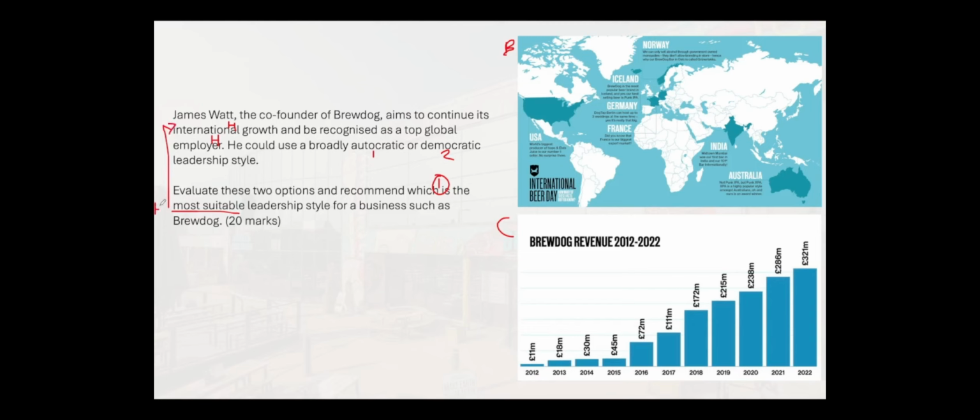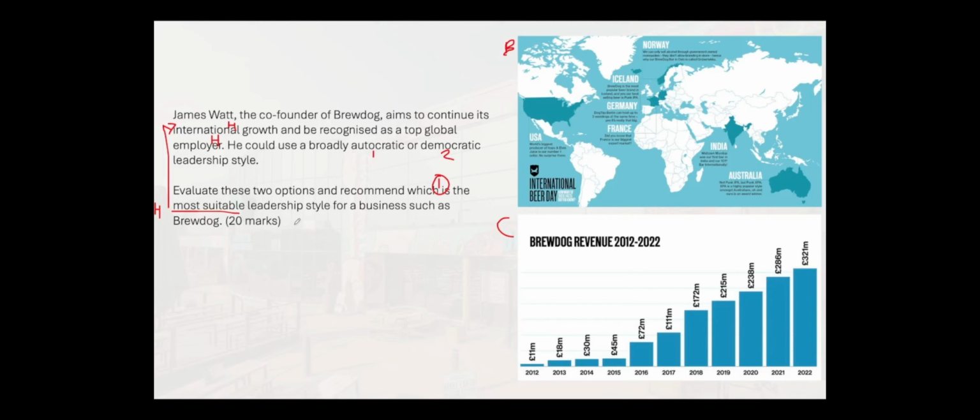I've not repeated the hook twice, like you'll normally see in modern exam questions, but we have got for a business such as BrewDog, and we know if we see that type of term, we need to either read this paragraph up here and get the aim, or go to the case study and get the aim. You're always going to get the hook in a 20 marker, so usually twice.